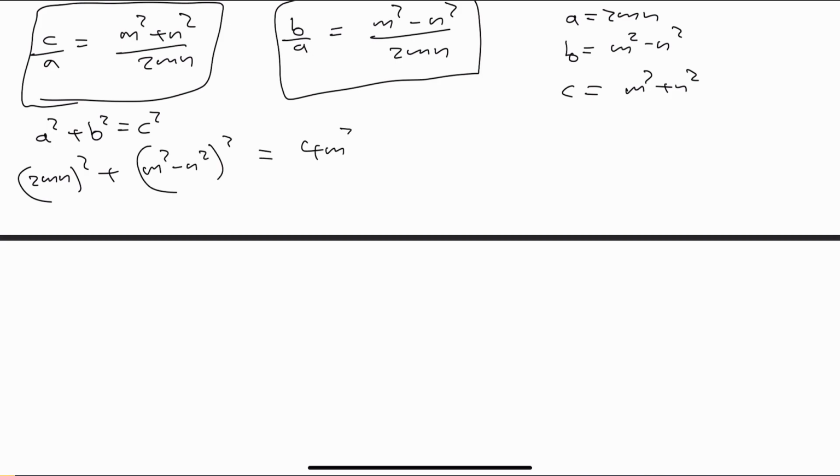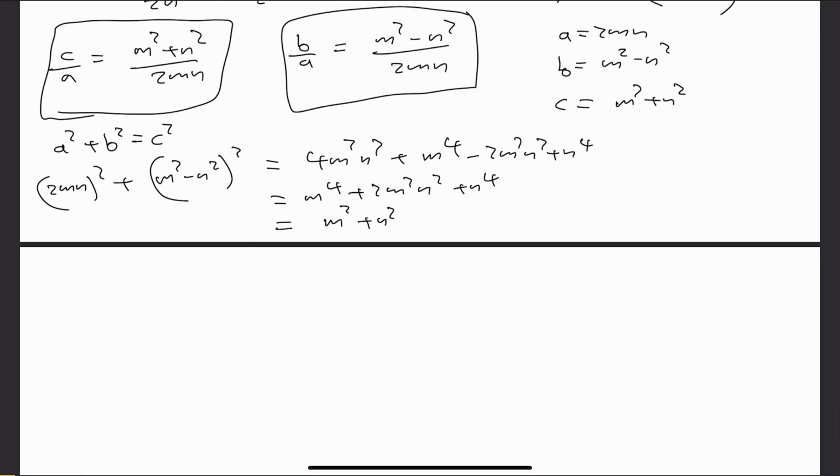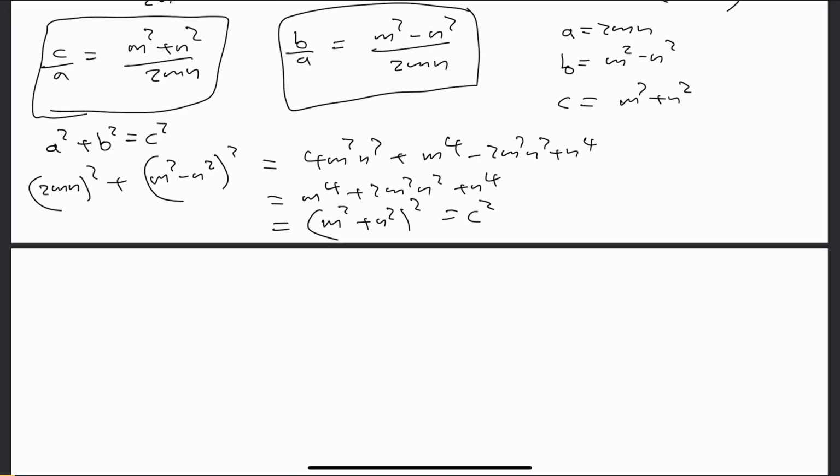Expanding these, we have 4m squared n squared plus m to the 4 minus 2m squared n squared plus n to the 4. Then this can be simplified as m to the 4 plus 2m squared n squared plus n to the 4. Notice that this is a square, so we can say (m squared plus n squared) all squared, which is equal to c squared, so it satisfies.